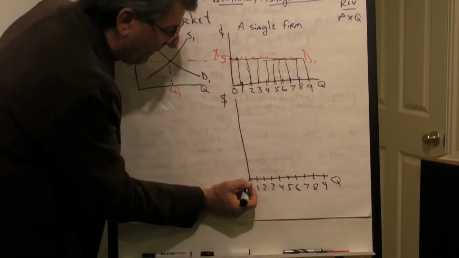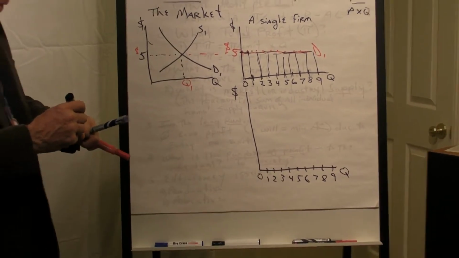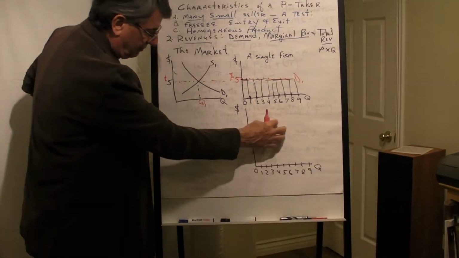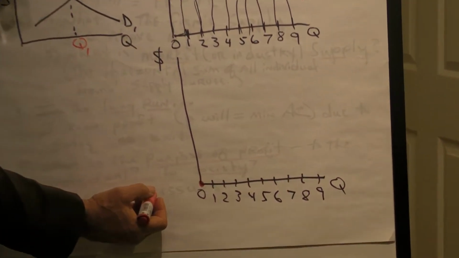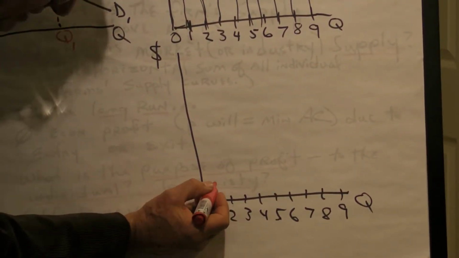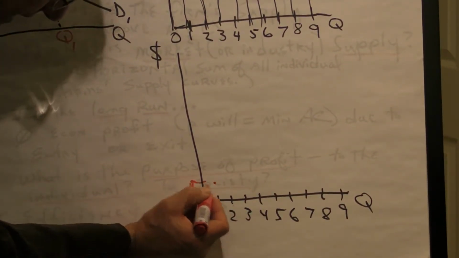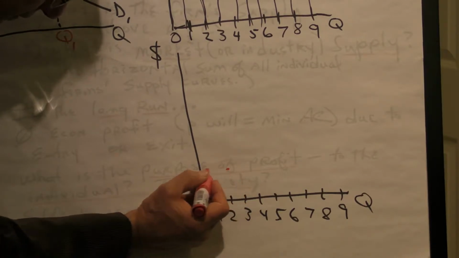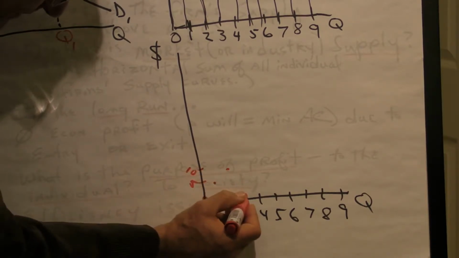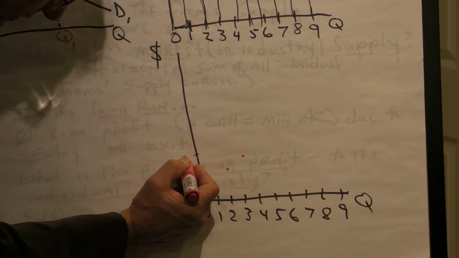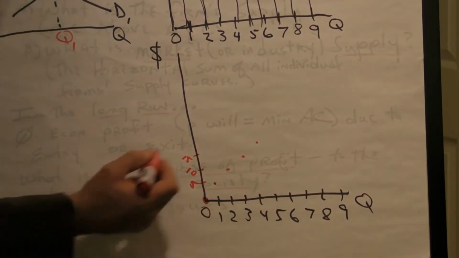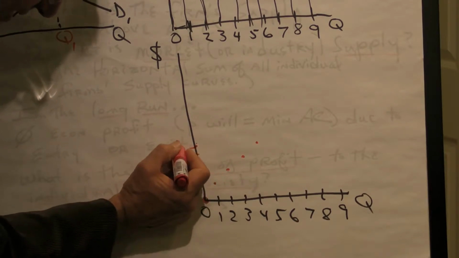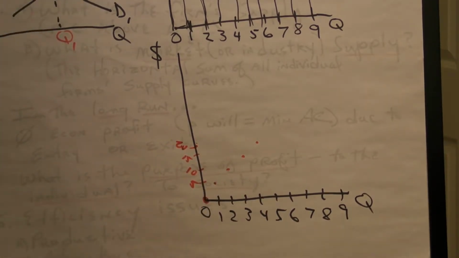So if we graph the total revenue curve on this diagram here, then when the firm sells 0 units, its total revenue is 0. When it sells 1 unit, total revenue is 5. When it sells 2 units, the total revenue is 10. When it sells 3, total revenue is 15. When it sells 4, total revenue is 20. Now, I would guess that at this point you can see the pattern emerging.